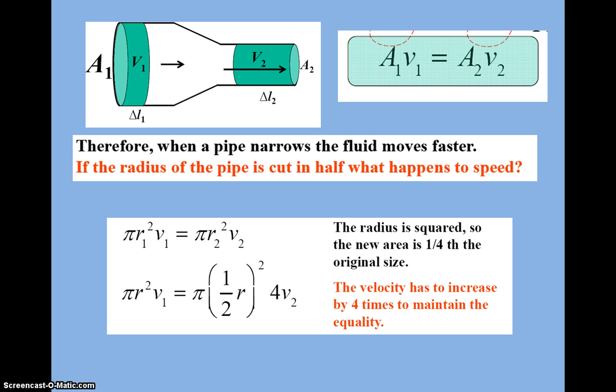So we can look at that using our equation for the cross-sectional area, where pi r squared gives us this A. If we were to cut the radius of the pipe in half, because the radius is squared in the area equation, it would cause the velocity to go up 4 times, because you're really quartering the cross-sectional area. So keep in mind that area and velocity are inversely proportional, but the radius and the velocity would be inversely proportional to the square.